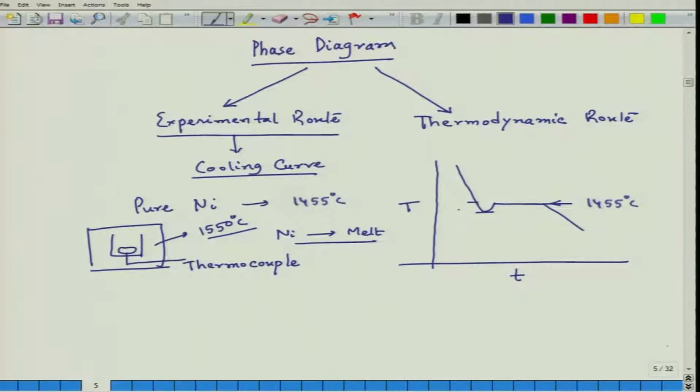This dip in temperature we have also discussed before. This is called recalescence.